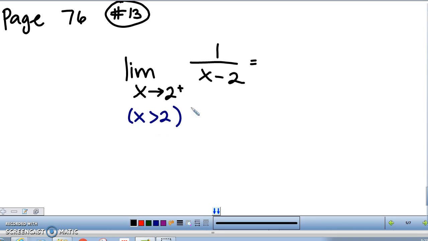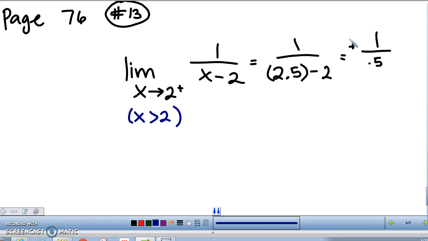So you might want to try 2.5 here. And we can see that because it came out positive, this goes to positive infinity.